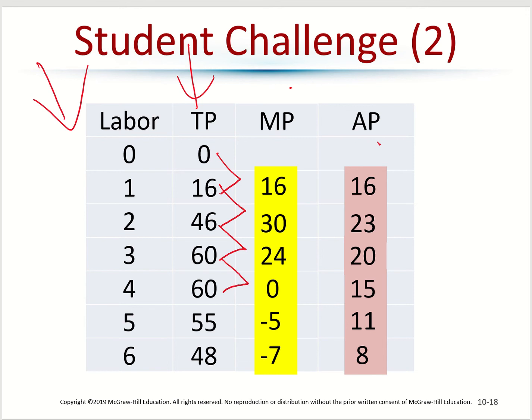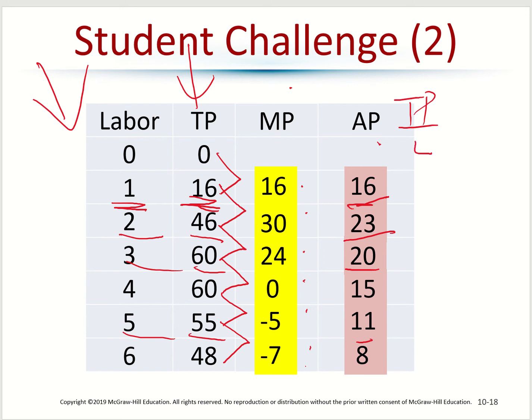If you notice, every marginal production is the difference between the total production values. And then for the average production, just use your TP divided by the labor. So 46 over 2 is 23, 60 over 3 is 20, and 55 over 5 is 11. So this is just your total production over number of labor.